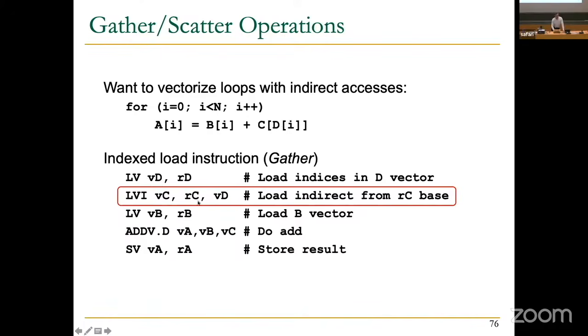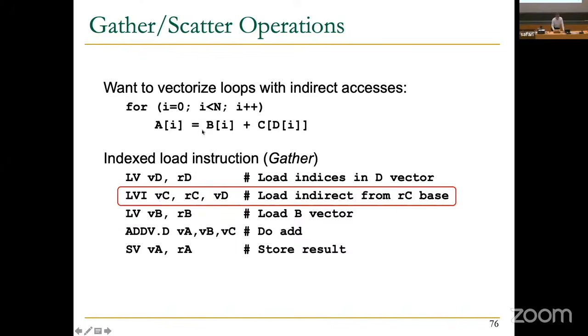What this instruction will do is, here you have a vector of indices that are specified by D, and then we do a load indirect where you take RC and add the index to it, for each element of this vector, and then load it into consecutive elements of vector C over here, okay? And then you can actually do the rest. The rest is easier, of course.